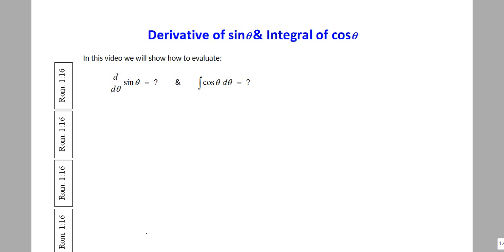So let's go ahead and begin with trying to use a basic definition to evaluate what the derivative of sine of theta is. Let me just call my sine of theta my f of theta.